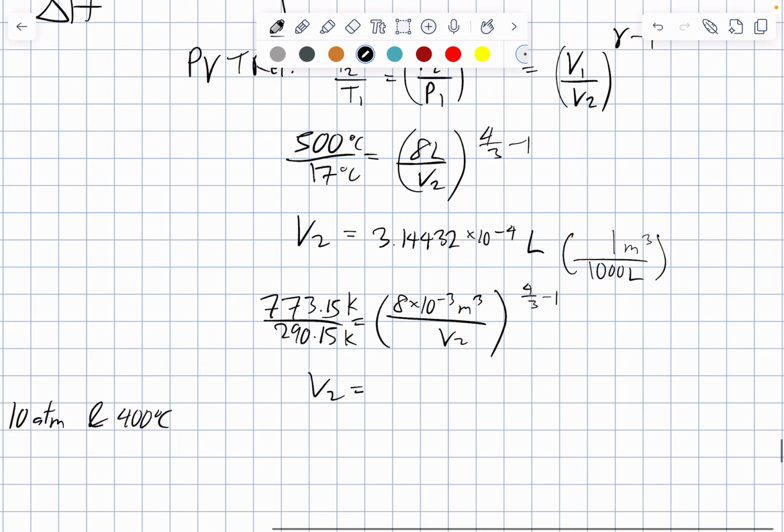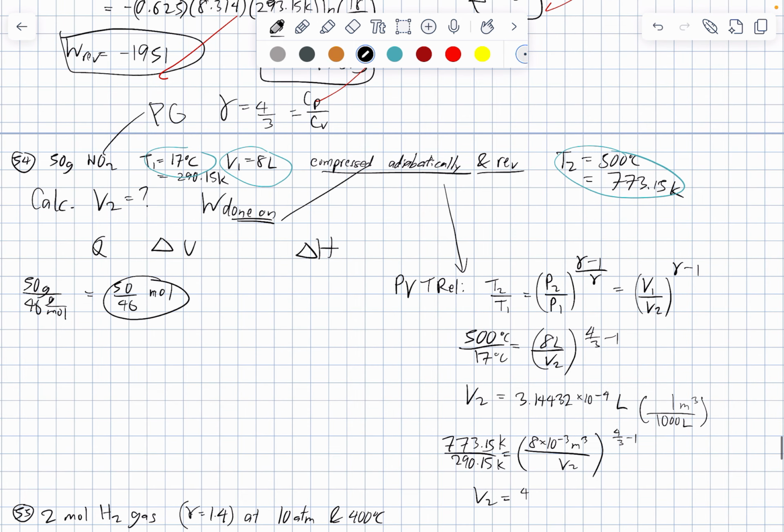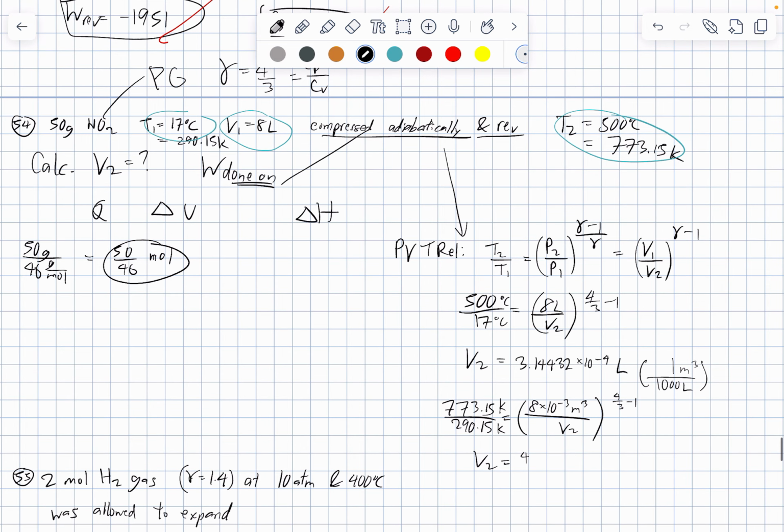Okay, V2 is... Is my calculation correct? V1 over V2, 4 over 3. 54.